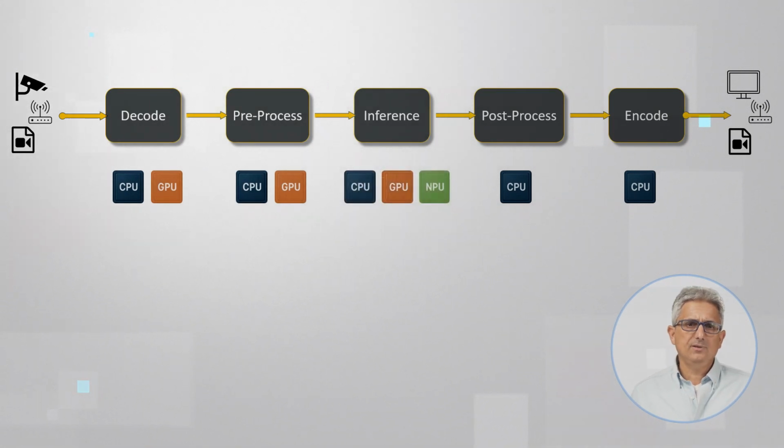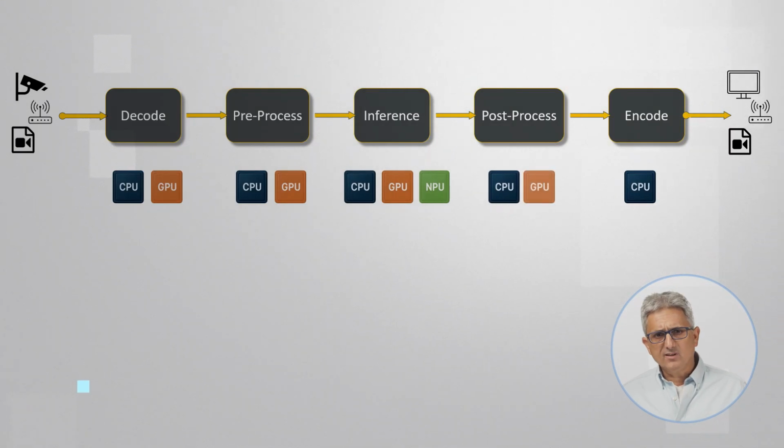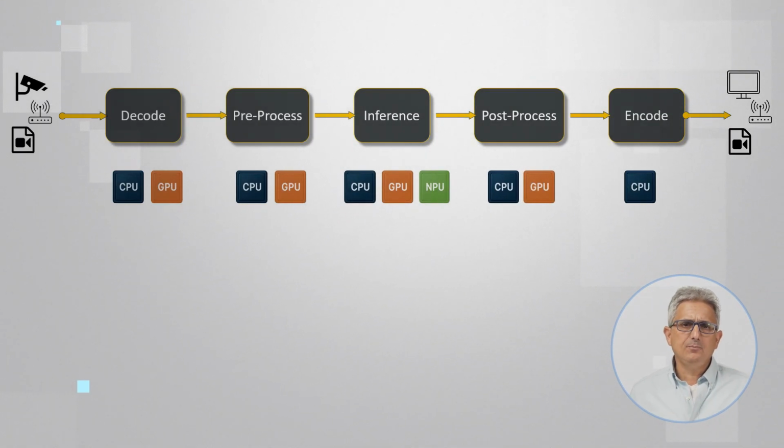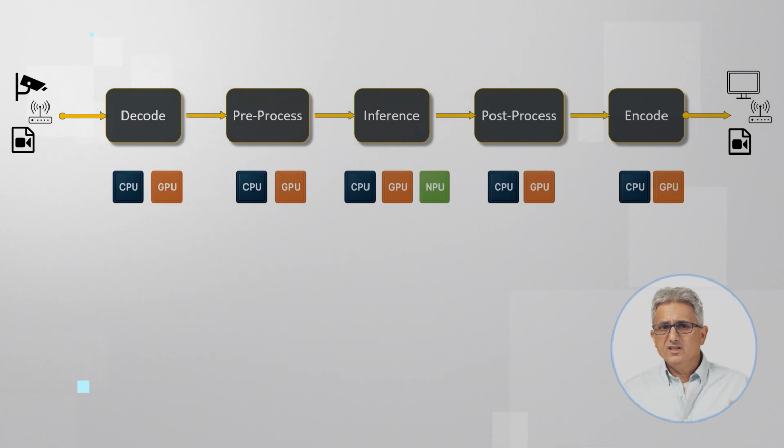Inference can run on CPU, but the integrated GPU will probably give you better performance, and the NPU, the neural processing unit, will execute it with lower power and higher efficiency. Post-processing is again a CPU or a GPU game, and encode has another dedicated function in the GPU that can accelerate it.